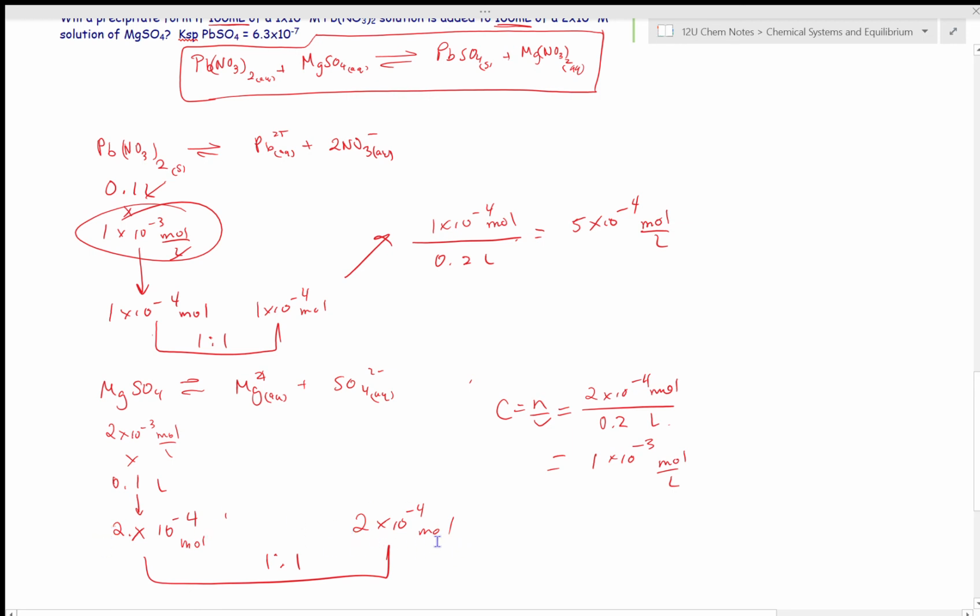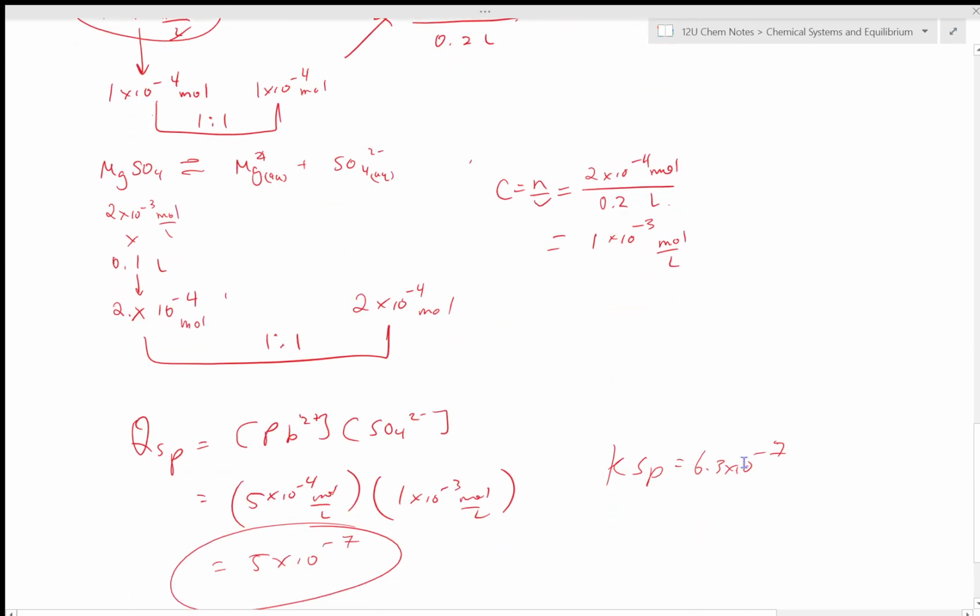So I have 2 times 10 to the minus 4 moles of the sulfate ion. Now I take that 2 times 10 to the minus 4 moles and I divide it by again 200 mL or 0.2 liters. And I end up with a concentration of 1 times 10 to the minus 3 moles per liter. So now I have both of the insoluble salt's components, the lead and the sulfate ions, with their concentrations in the resulting solution.